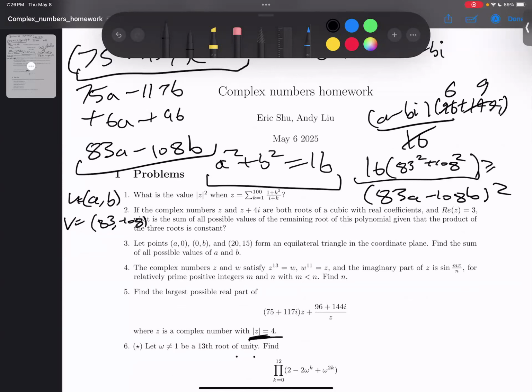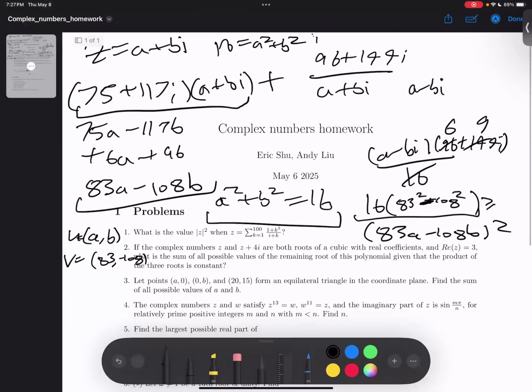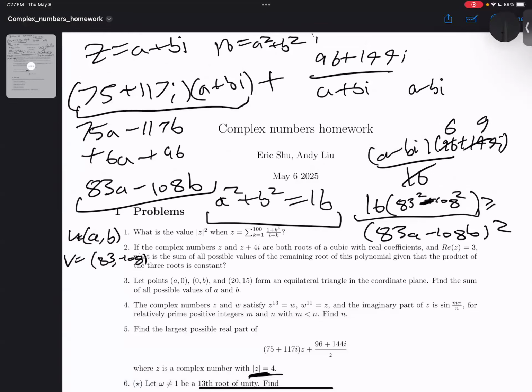You probably made a mistake somewhere else. Oh, it's minus 108. But that hasn't changed that. Wait, this is negative. What am I doing? No, wait, it's plus.